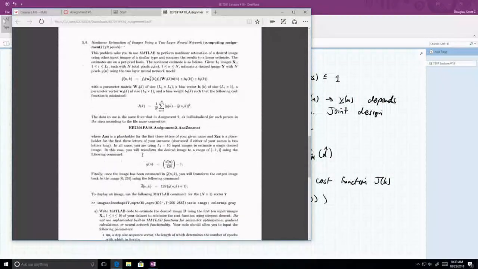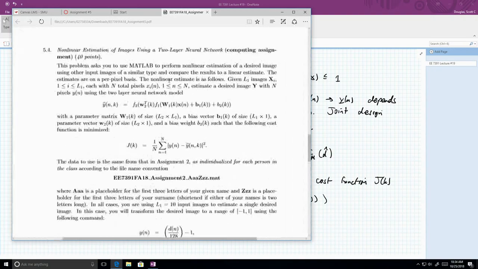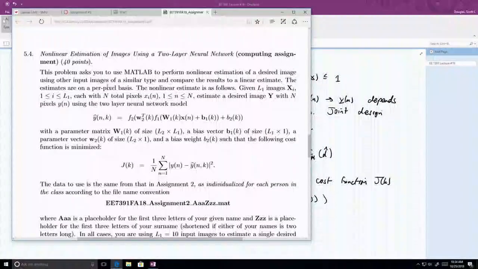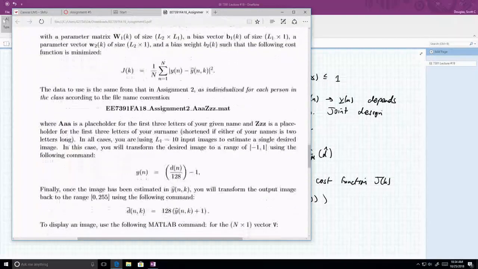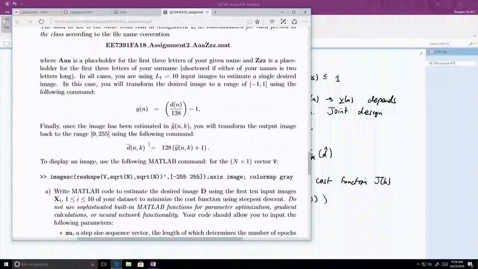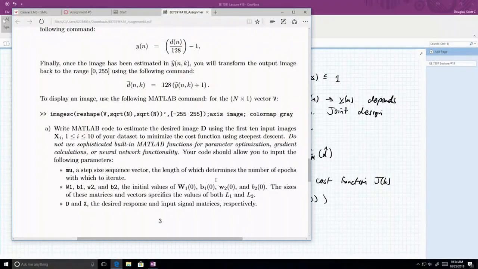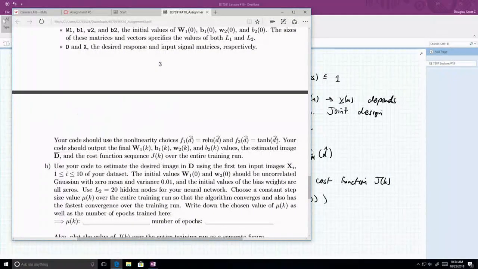So you're doing this problem, and notice that you have a 2-layer system. Notice that we didn't choose a linear function here. F2 is not linear, it's actually nonlinear. And in fact, in the code, I said that you should choose tangent h of d, so hyperbolic tangent.